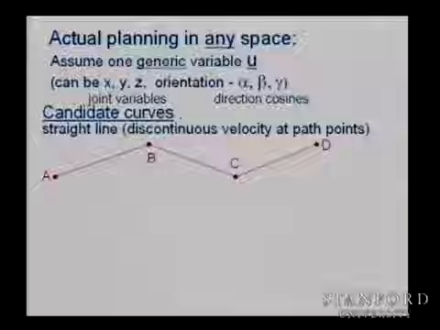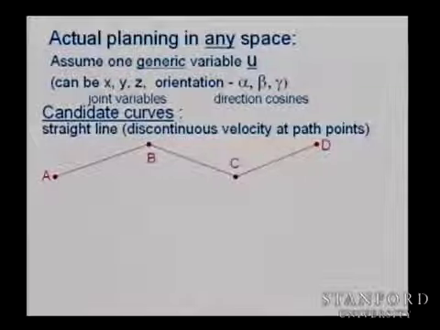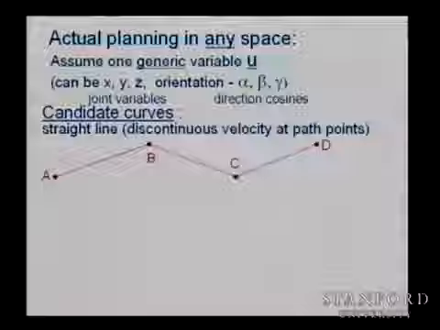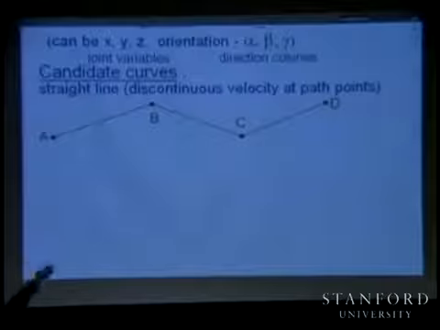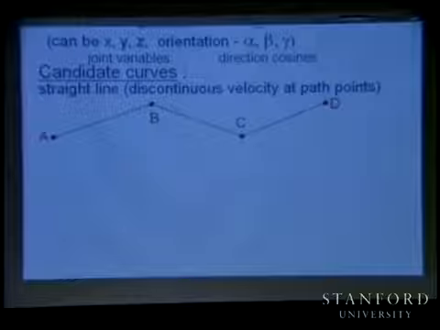So here is an example. You want to go from point A to point D via points B and C. So A is the initial point, D is the target point, and B and C are intermediate points, right? The simplest trajectory is we go from A to B, B to C, C to D along straight lines.